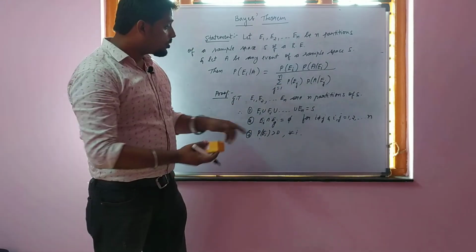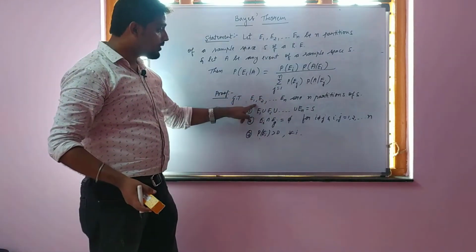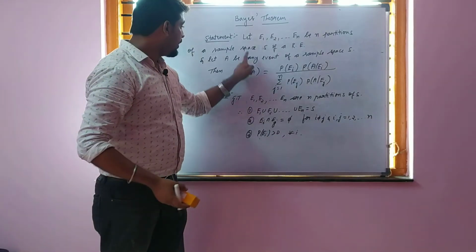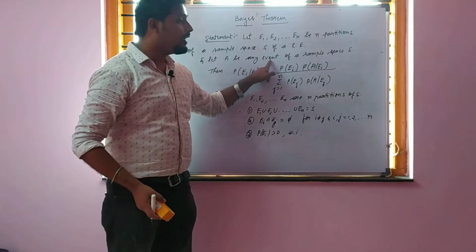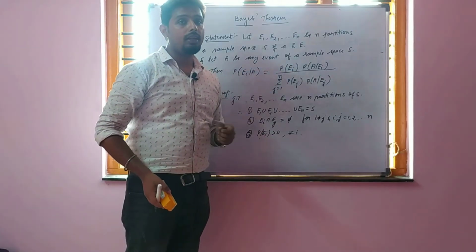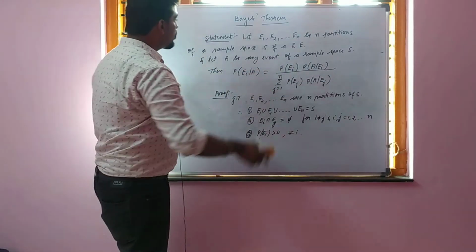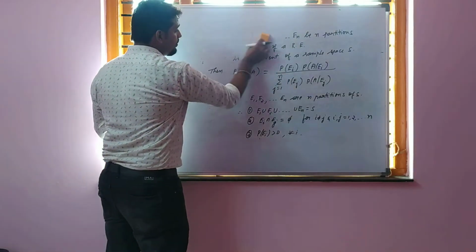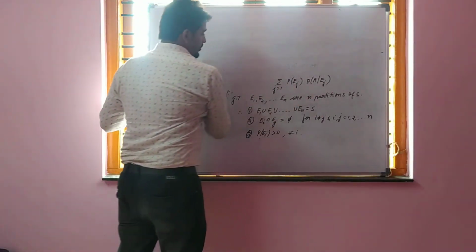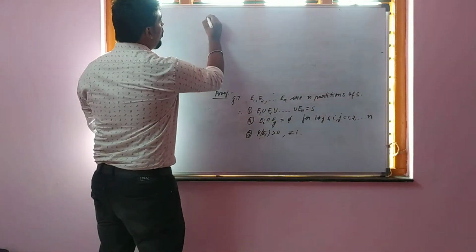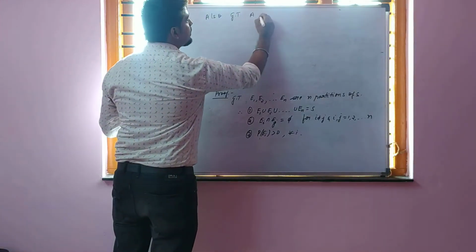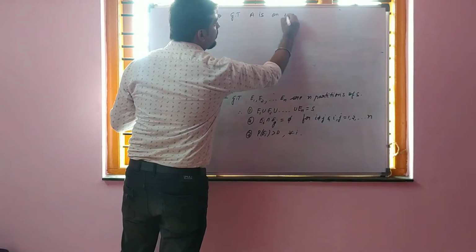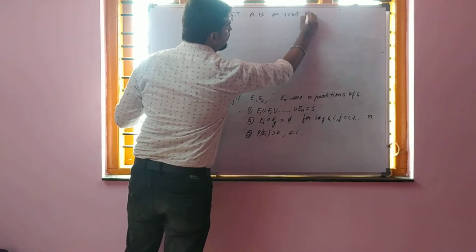So students, this was not the only given thing. Was this statement the only given thing? No. There was one other thing, that is A is any event of the sample space. It means we need to use it, right? So now here it is also given that A is an event of S, right?